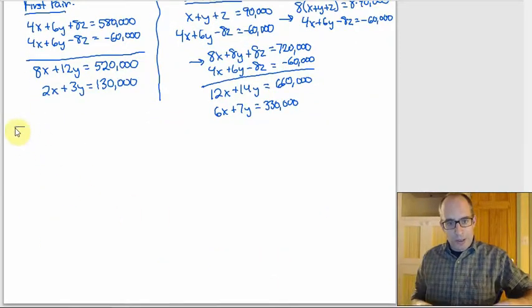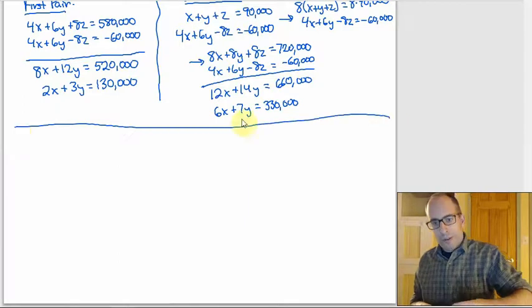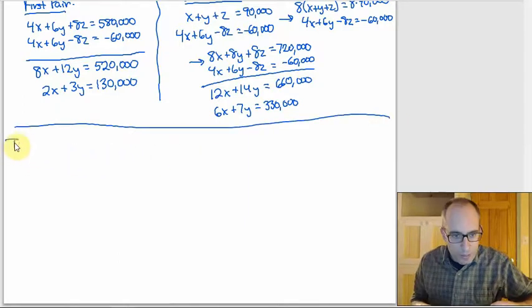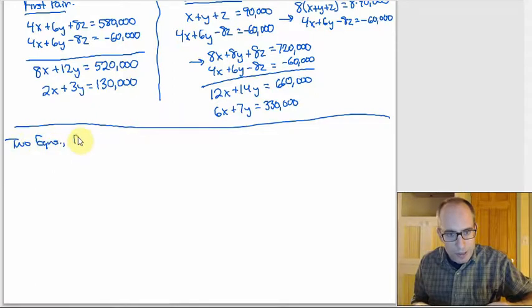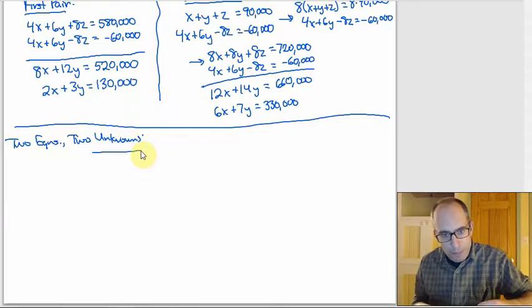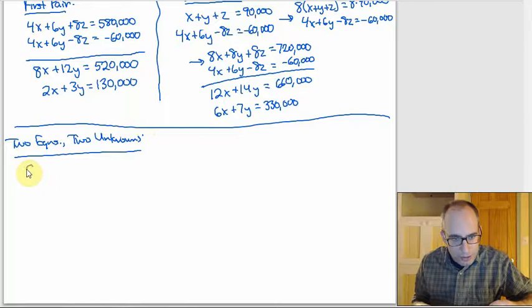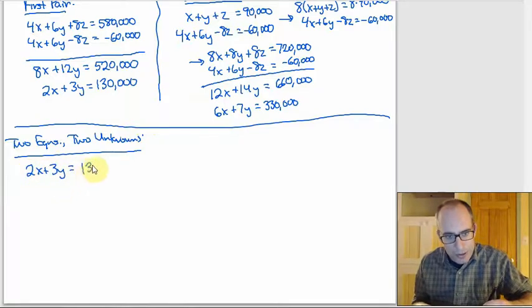All right, then down here, we're going to have two equations and two unknowns. So we're going to have 2x plus 3y equals 130,000, and we're going to have 6x plus 7y equals 330,000.